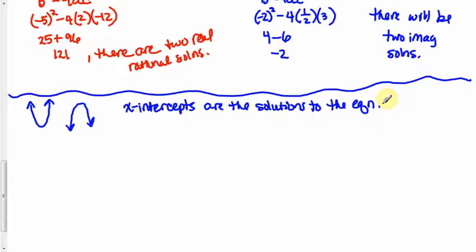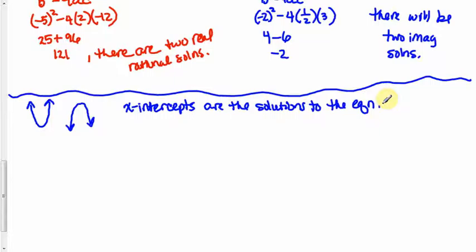So how many x-intercepts are possible for a quadratic graph to have? What was the maximum number of x-intercepts you could have? 2. So it could cross it 2 times. It could cross the x-axis 1 time by touching it. That little turning point where you saw it touching it is called the vertex.